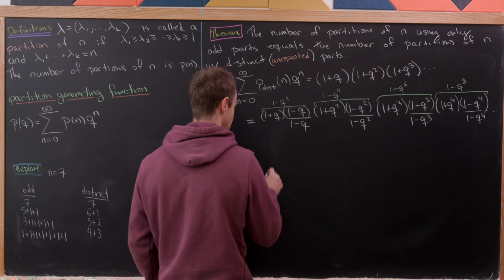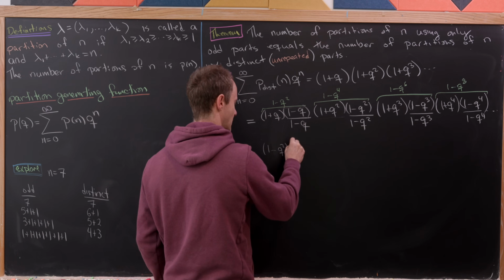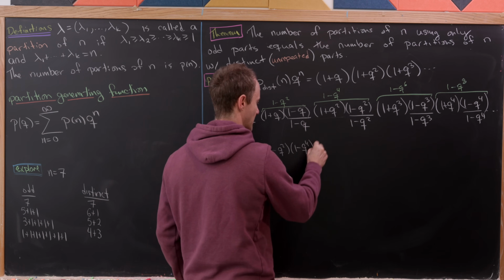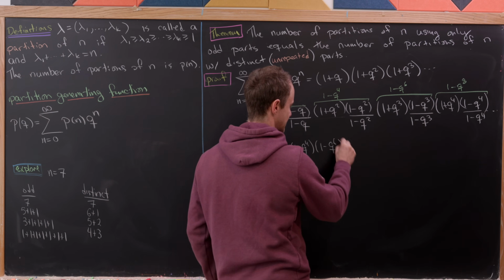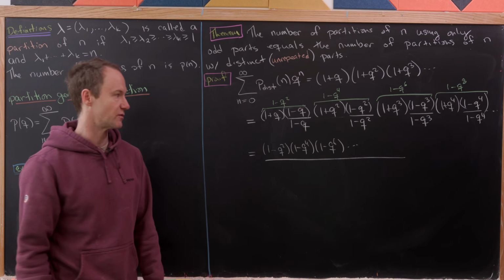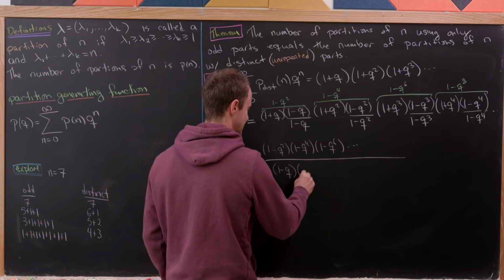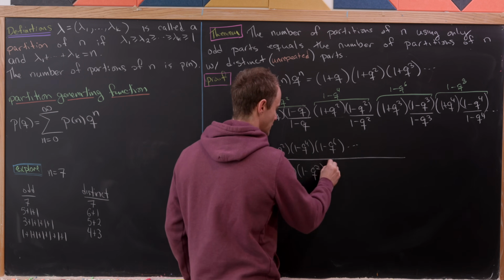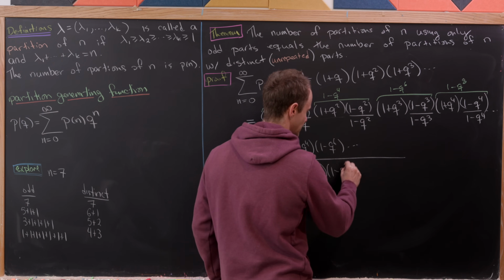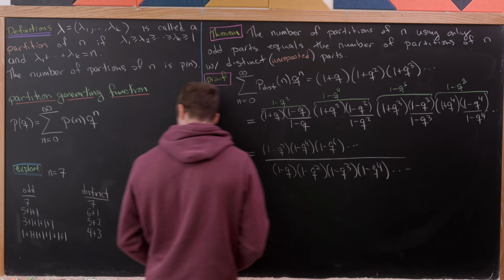So in the end, we'll have this product 1 minus q squared, 1 minus q to the 4, 1 minus q to the 6, and so on and so forth, all the even terms in the numerator. But in the denominator, we've got all the terms, 1 minus q squared, 1 minus q cubed, 1 minus q to the fourth, and so on and so forth.